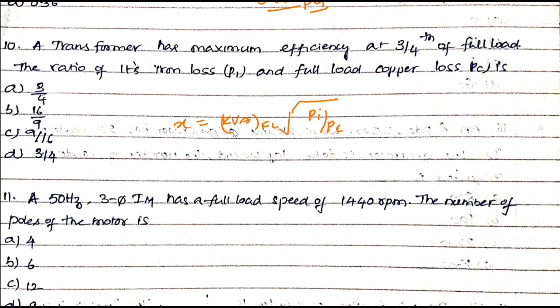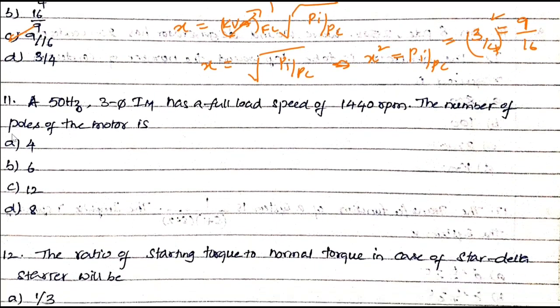Let us consider full load as 1 here, and x is equal to square root of Pi by Pc. That implies x square is equal to Pi by Pc. The x value is nothing but 3 by 4. 3 by 4 whole square means 9 by 16. C is the right answer. This is one of the previous GENCO questions.